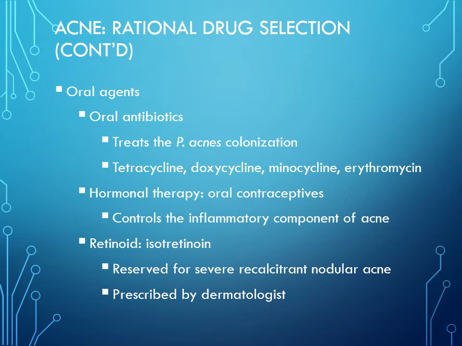We can use the tetracyclines, also erythromycin orally can work as well as topically. Hormonal therapy for women, oral contraceptives generally go a long way in helping to control the inflammatory component of acne. And then retinoid isotretinoin, as I said, you need to be enrolled in the iPledge program. This is generally prescribed by dermatologists, and we use this for severe nodular acne.